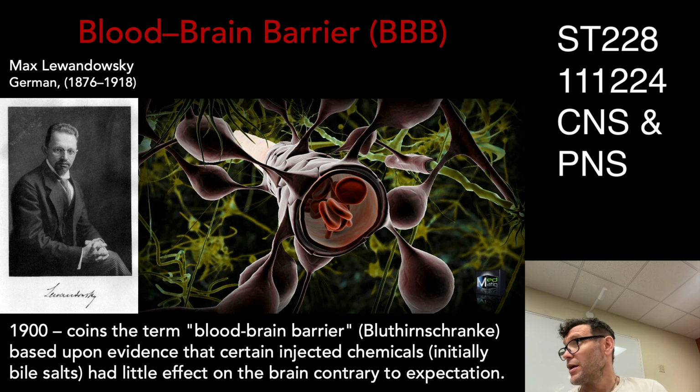He made the observation that you could inject certain things into people and expect it to have an effect on the brain. However, that didn't happen. In particular, he did some initial work with bile salts. And this caused him to hypothesize that there was a blood-brain barrier.